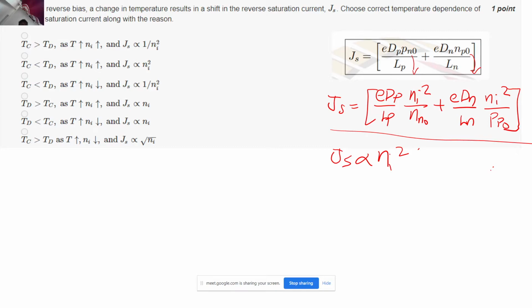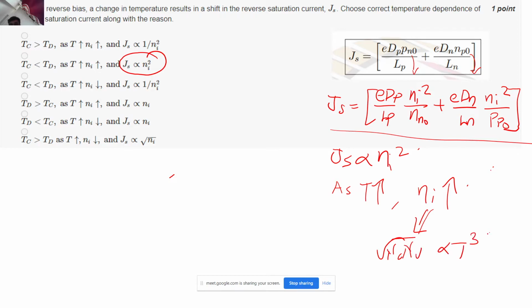So let's see what is the correct option. Js is directly proportional to Ni square, correct. And as temperature increases, what is going to happen? Our Ni is also going to increase, because this Ni has two things, root of Nc and Nv, which is proportional to T to the power 3, and there is also an exponential of minus Eg by 2kT.